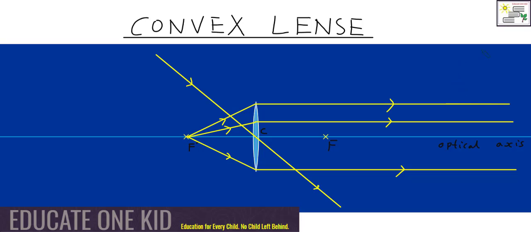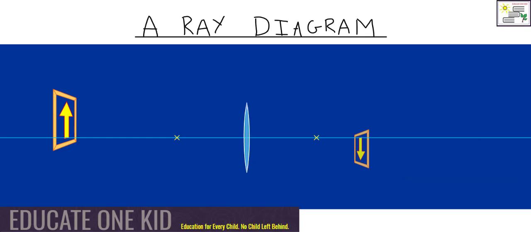Now let's see how we can apply all of these concepts to work out where an image would form. So we have an object here which is an arrow.